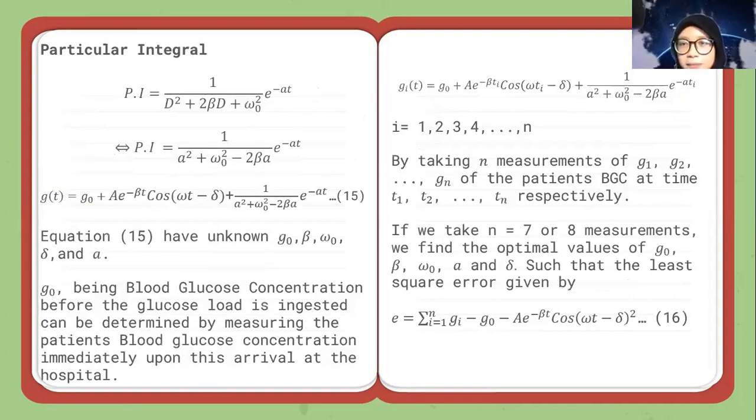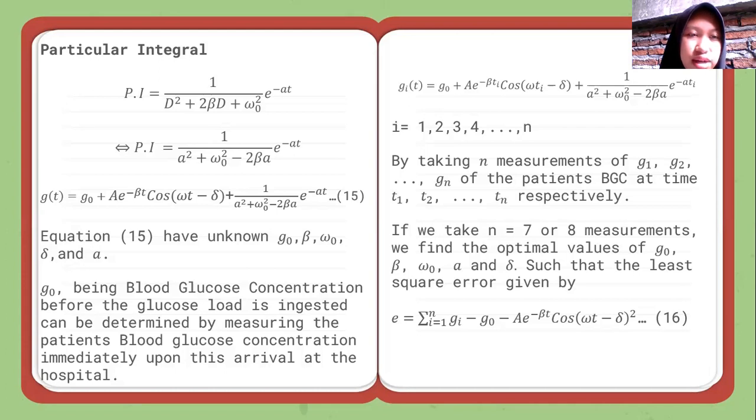Then this will be explained by my friend Ellie. Okay, thank you, Sadita. I will continue with the particular integral. The particular integral equals 1 over (D square plus 2 beta D plus omega 0 square) e to the power minus alpha t.